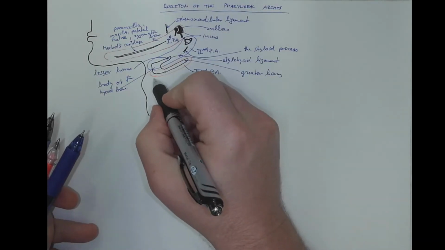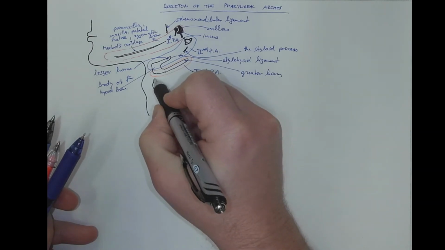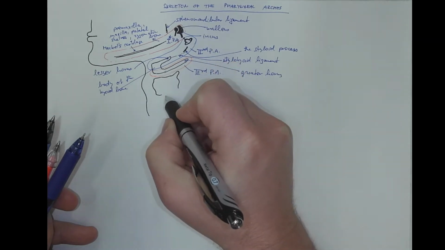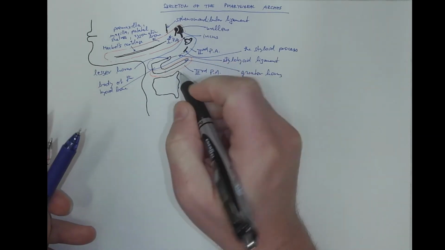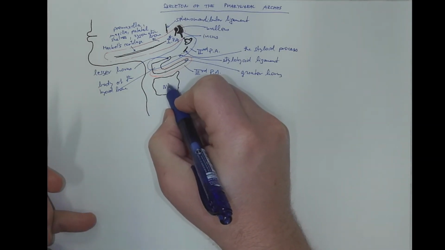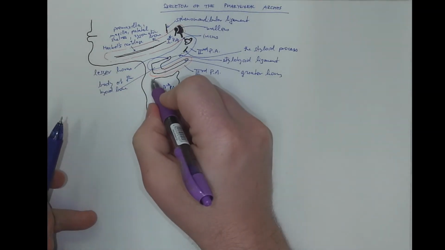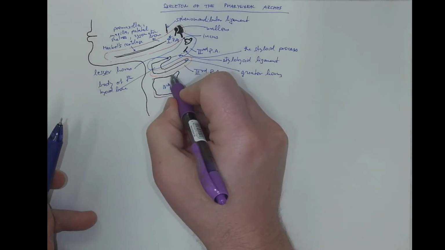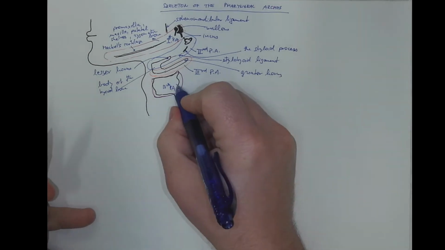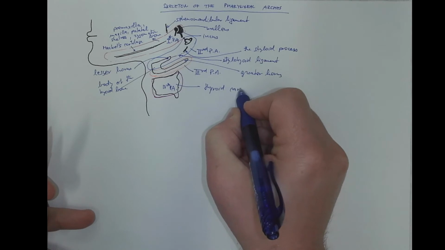The fourth arch, the mesenchyme of the fourth arch, produces the thyroid cartilage, so here will be the fourth pharyngeal arch in purple, forming the thyroid cartilage.